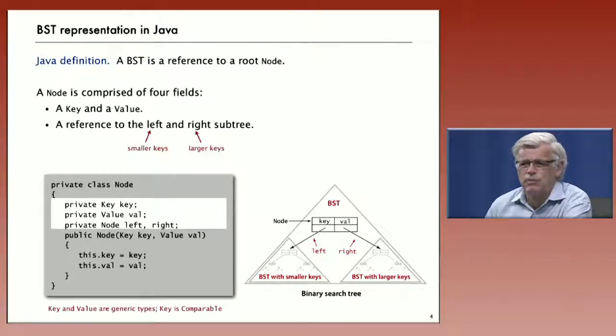For convenience, we'll provide a constructor that takes a key and value as arguments and fills in the key and value instance variables. And then the left and right links are initialized to null. And our data structure then will be a root that points to a node in the tree, and then that node will point to subtrees, and that'll be the data structure that we use for symbol tables.